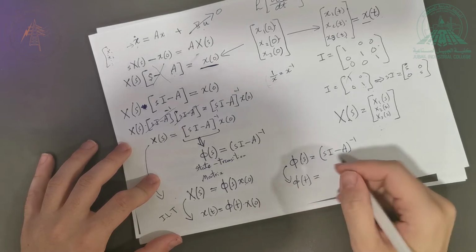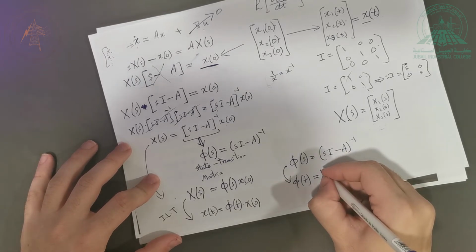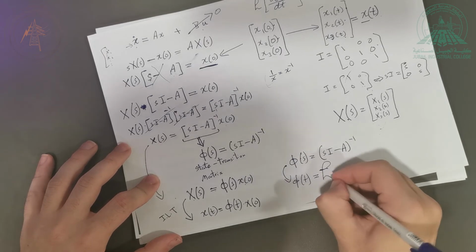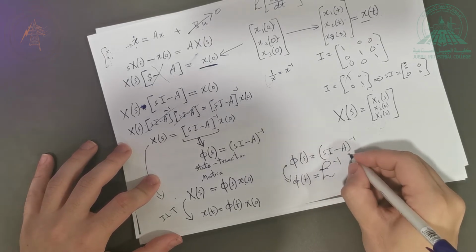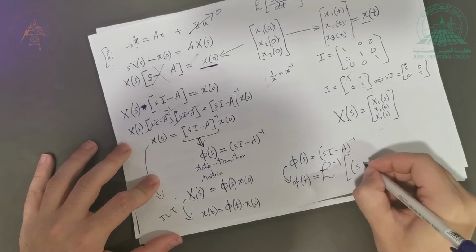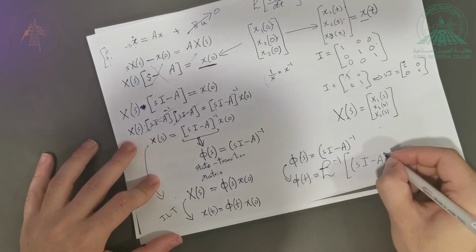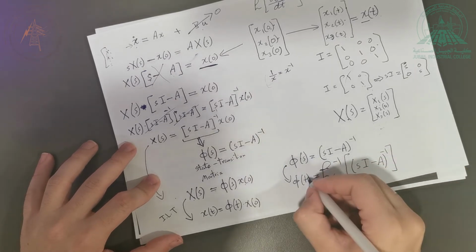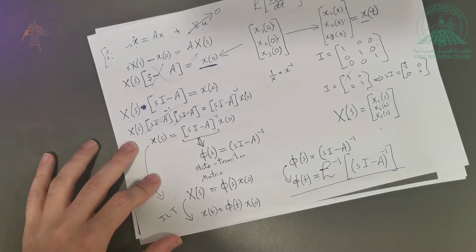Phi of t is going to be the inverse Laplace transform of this, so it's equal to the inverse Laplace transform of (sI minus A) inverse. Okay, this is our state transition matrix.